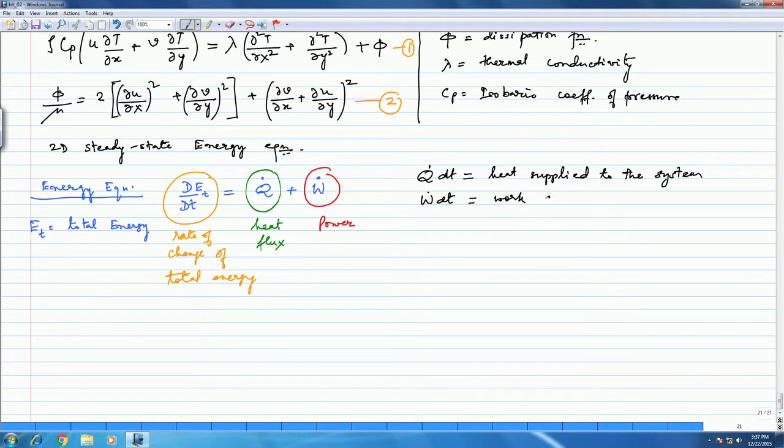So this is work done on the system, right? So now we will draw a simple little cubic fluid element, which you're familiar with. We've been doing this for a while now. Okay, so say I do that.